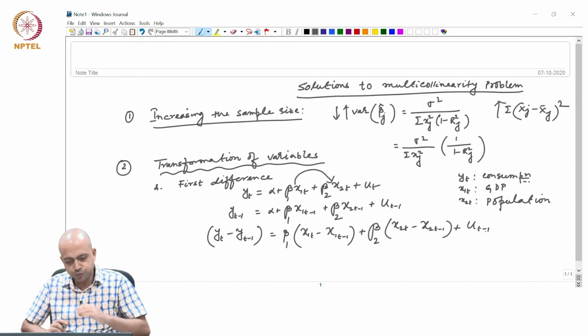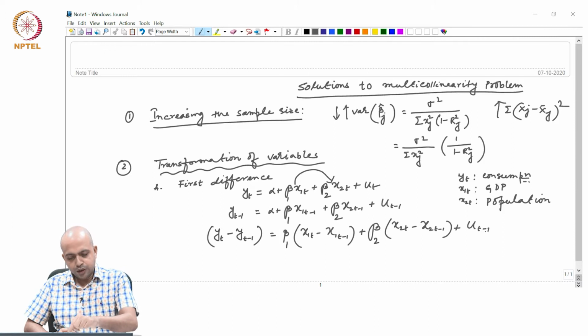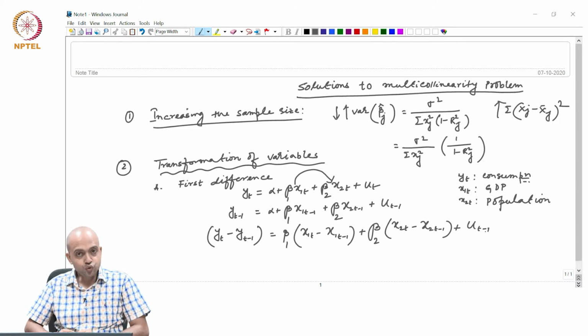All right. So, if you do so, then what happens? If x 1 t and x 2 t are correlated, there is no reason to believe that x 1 t minus x 1 t minus 1 would be correlated with the corresponding difference of x 2.